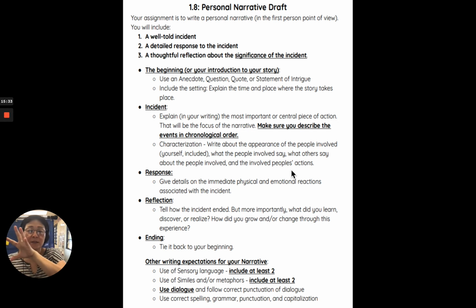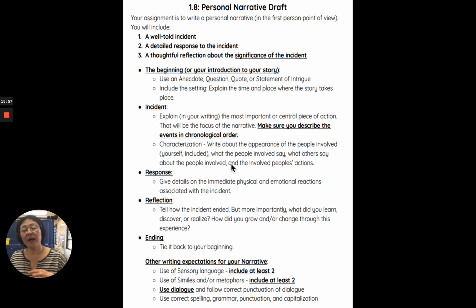We had what they looked like and what they said and what others said about them and their actions. You're going to have that in the incident. Next, you will do the response. You will give details on the immediate physical and emotional reactions associated with the incident. Okay?